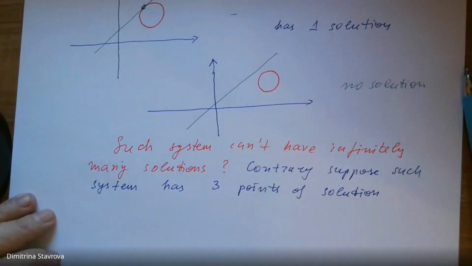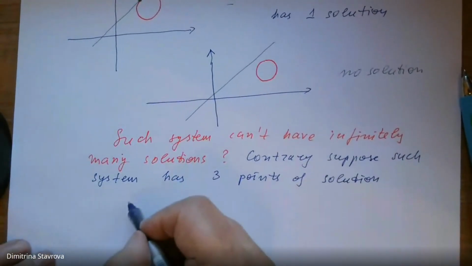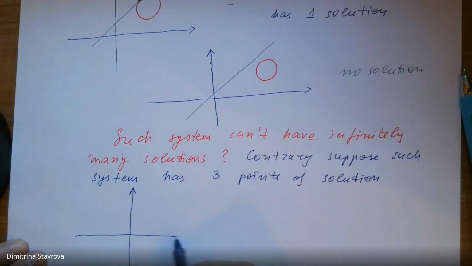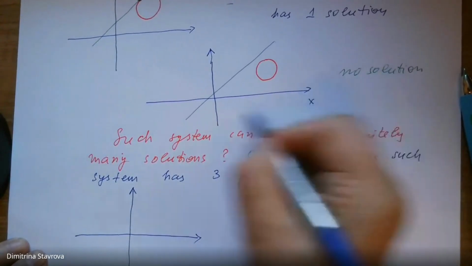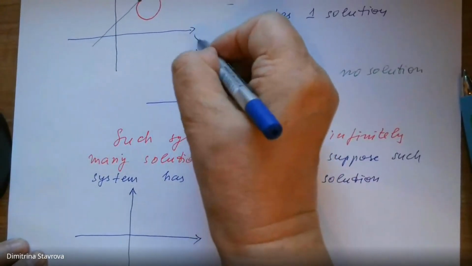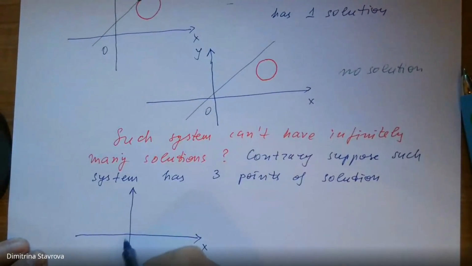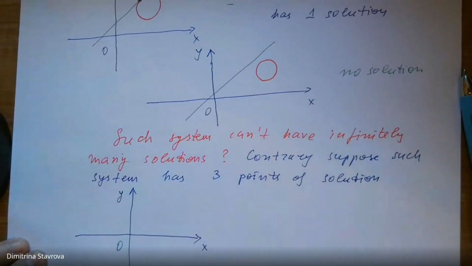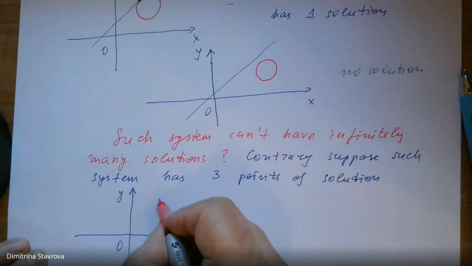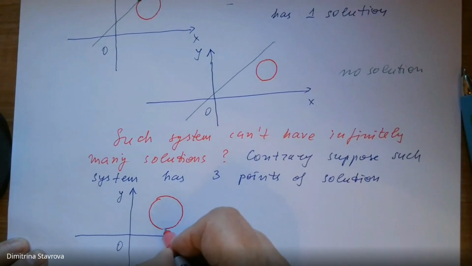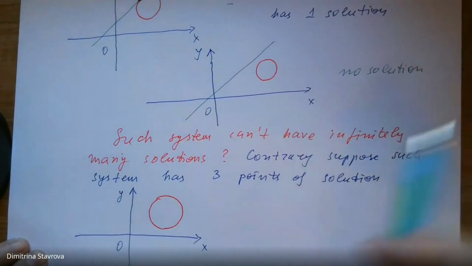It is a little bit difficult to draw such a case because this case is not possible, but I will draw just the circle, and then we shall argue what can happen.